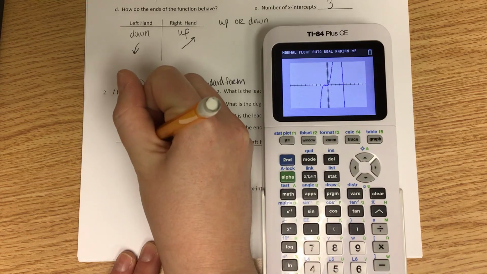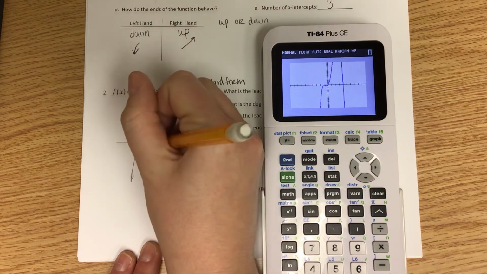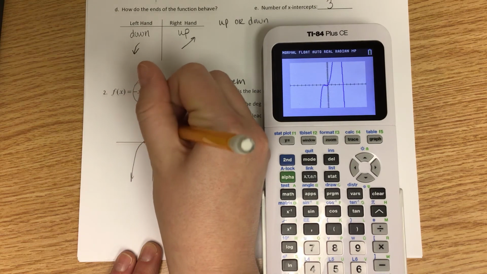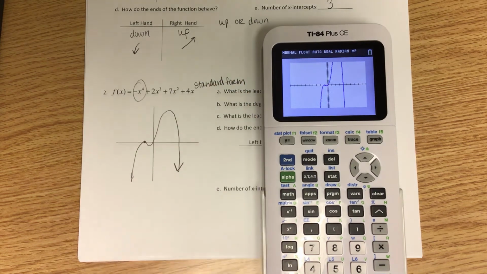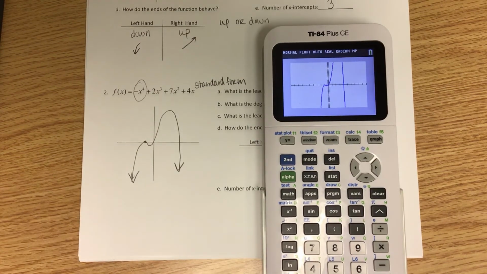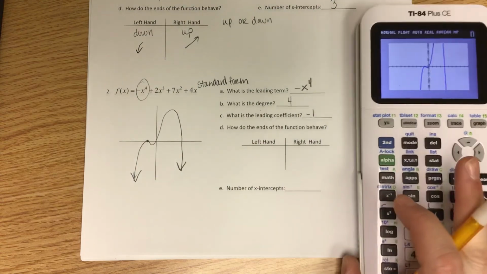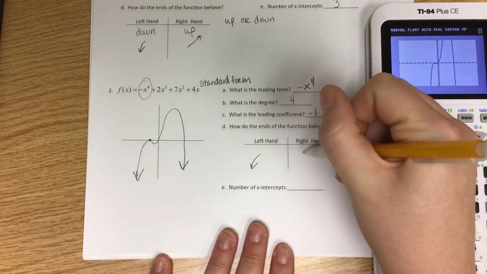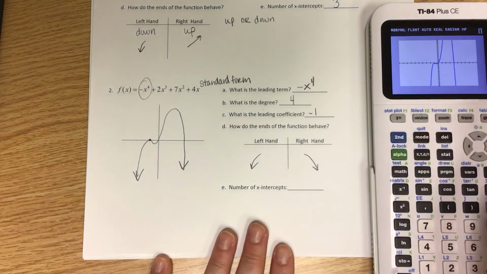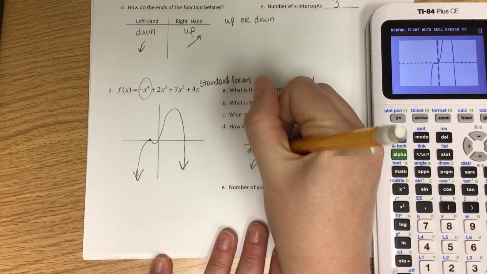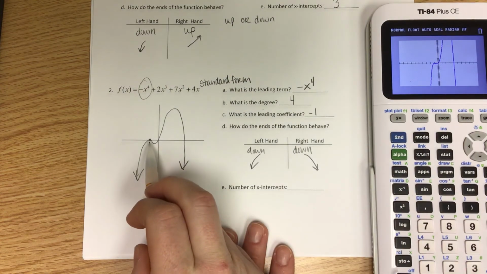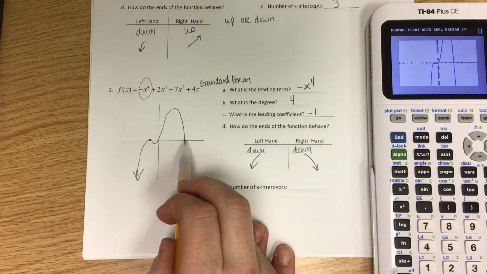So I know it's going to end up looking something like this, and that's as far as you need to go with the details. My left hand is down, my right hand is down, and the number of x-intercepts is 1, 2, and 3.